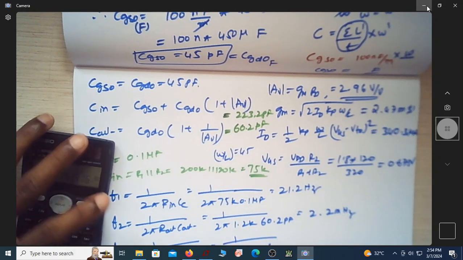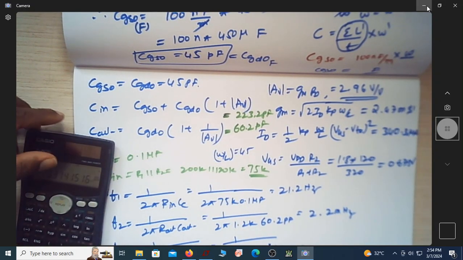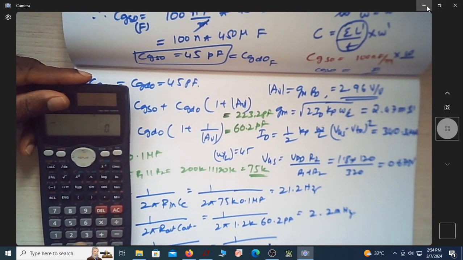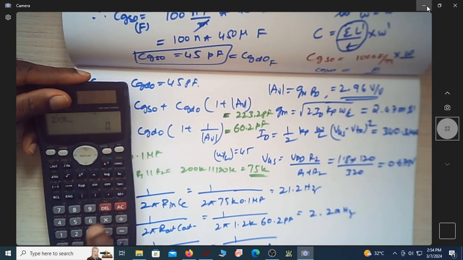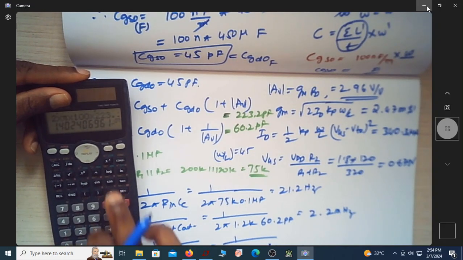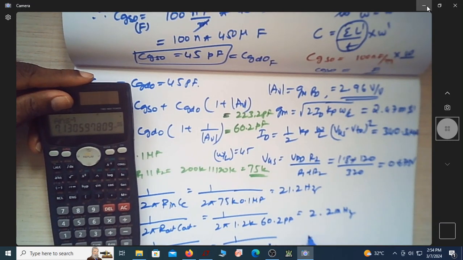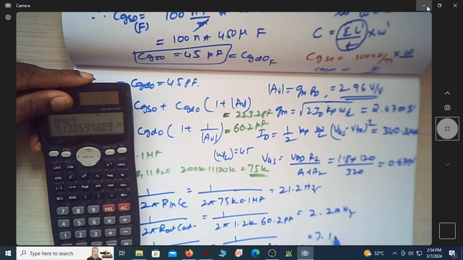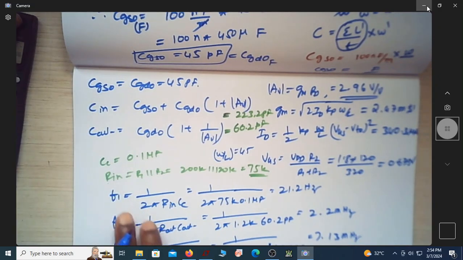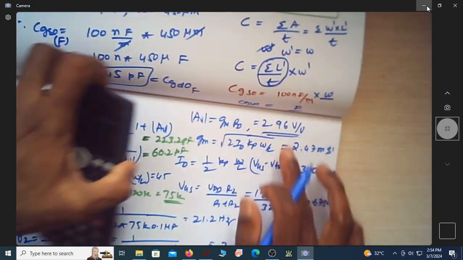So C in is 223 picofarad. So it is now 2 into pi into 100 into 223.2 exponential minus 12. 1 over that is 7.13 megahertz.